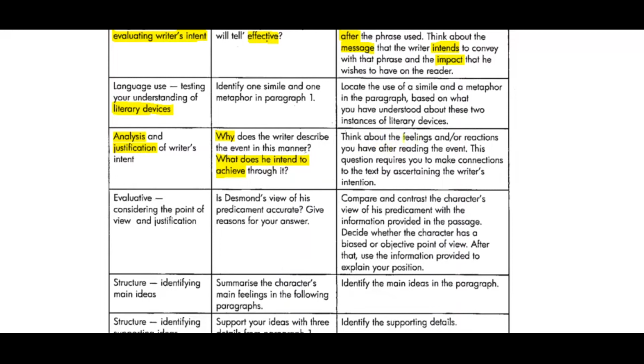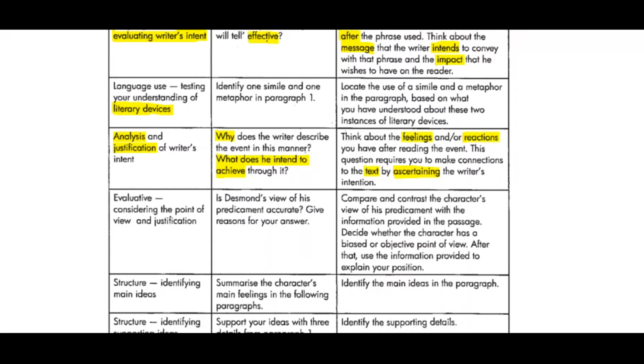So what this question requires you to do is to ascertain and justify the use of the words in the text. It's very important that here you pay attention to your own feelings and reactions upon reading what the writer has written.